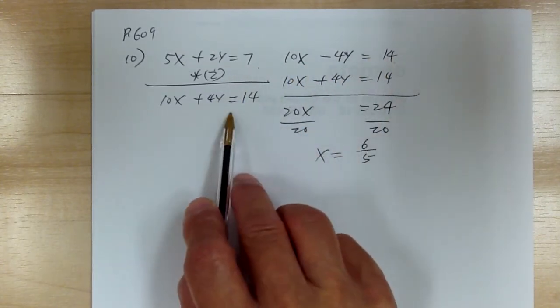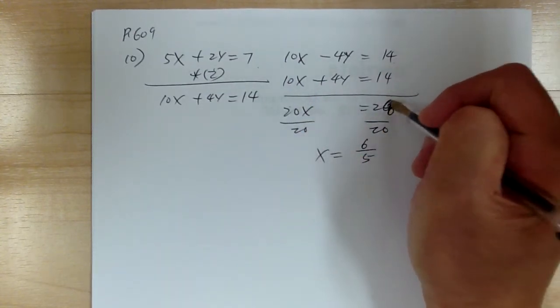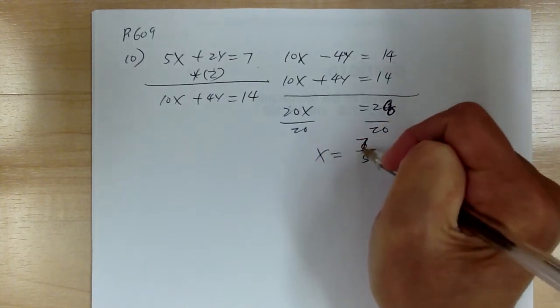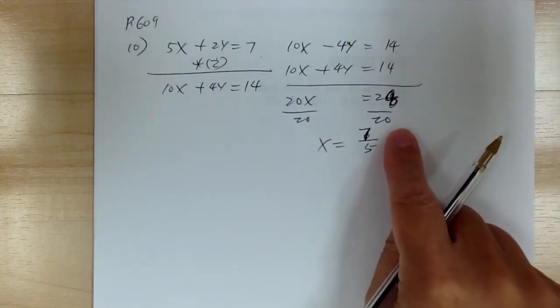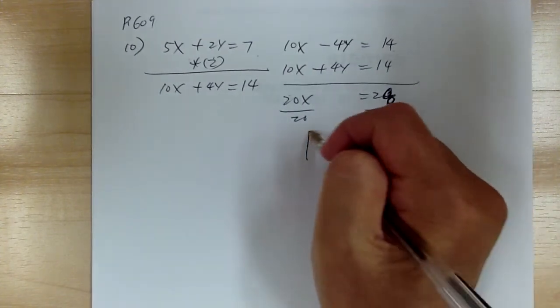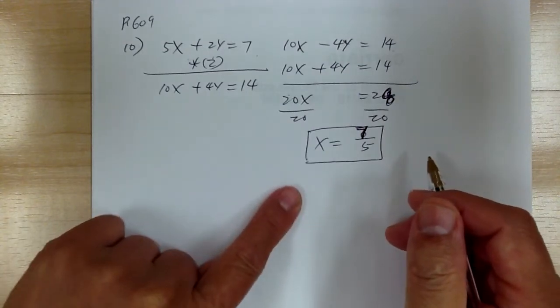Okay, so reduce by 4, and so you get x equal to 7 over 5. Okay, and now you have to look for the y.